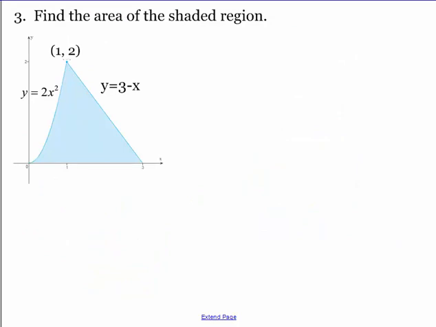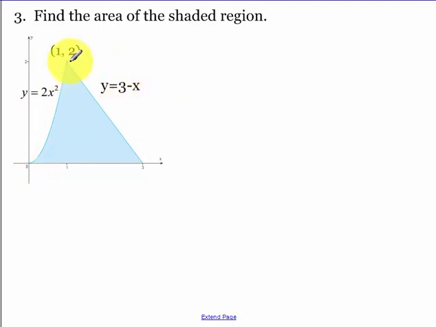In this example, we need to find the area of the shaded region. Now notice how there's two functions that bound this region. There's one here that's y equals 2x squared, and then we have one over here to the right that's y equals 3 minus x.